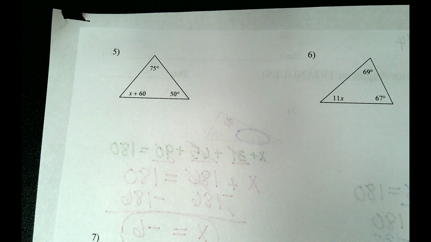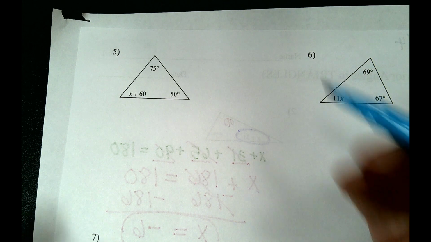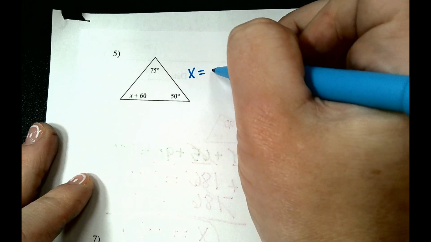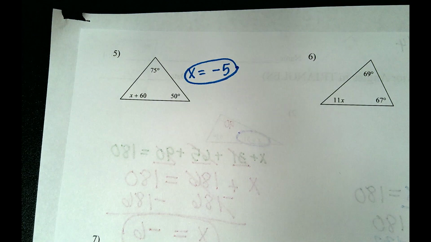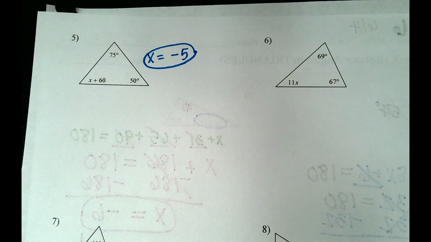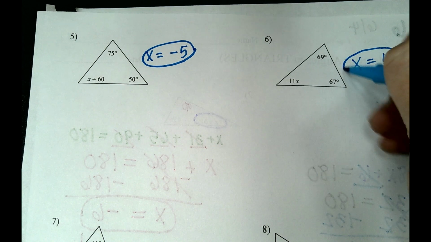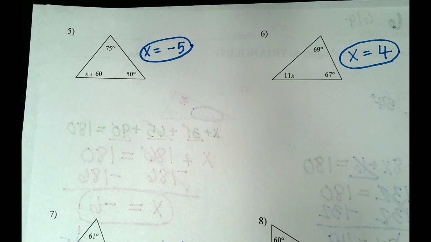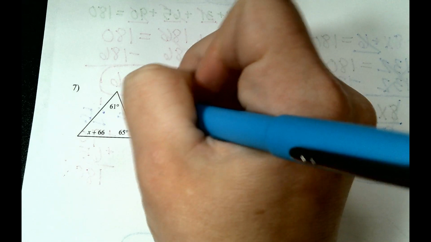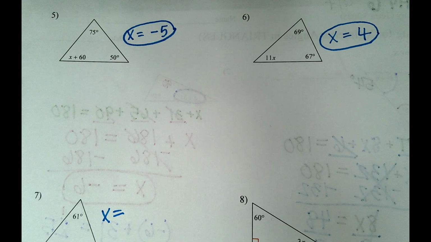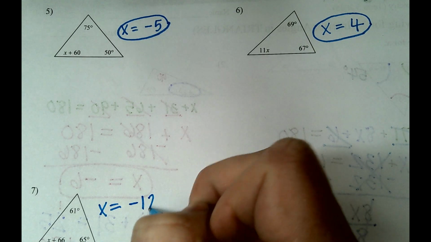Number 5, we have x equals negative 5. Number 6, x equals 4. Number 7, x equals negative 12.